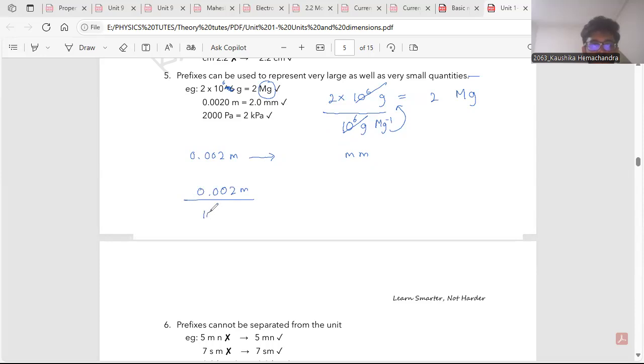So 1 millimeter is 10 to the power minus 3 meters. 10 to the power minus 3 meters per millimeter. So meter and meter get cut, millimeter comes up. 0.002 into 10 to the power 3. 10 to the power minus 3, when it comes up, it is 10 to the power plus 3. So you get 3 zeros now. Multiplied by 1000, 0.002 into 1000 is 2 millimeters.